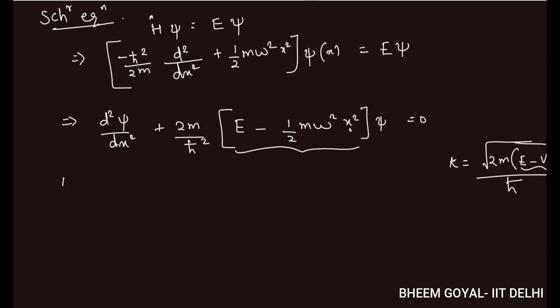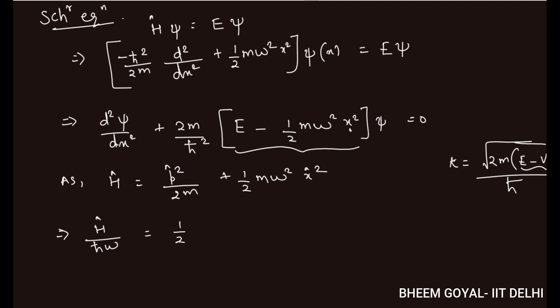Let's move forward. As Hamiltonian H is equal to p squared over 2m plus half m omega square x square, we can write it as Hamiltonian over h bar omega is equal to half m omega over h bar x squared plus 1 upon 2m h bar omega p squared.